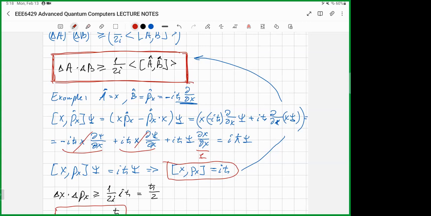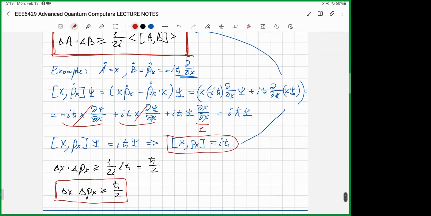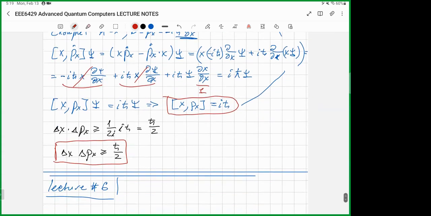This product of delta A and delta B is always larger than some value, and that means you cannot come up with an experiment that will allow you to measure these two quantities simultaneously in one experiment with high accuracy, right?